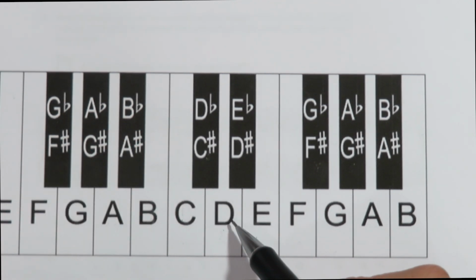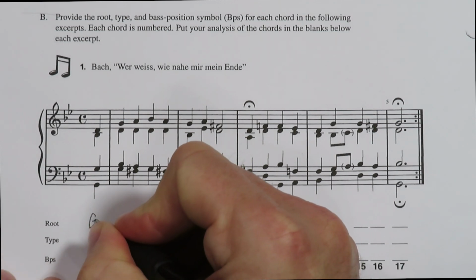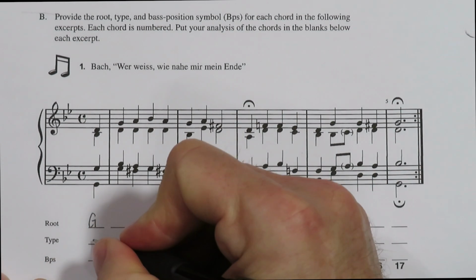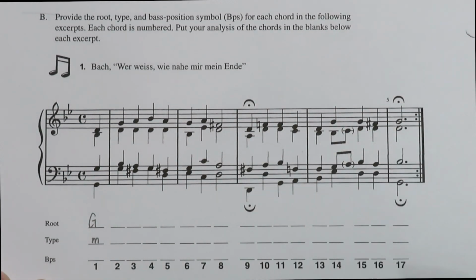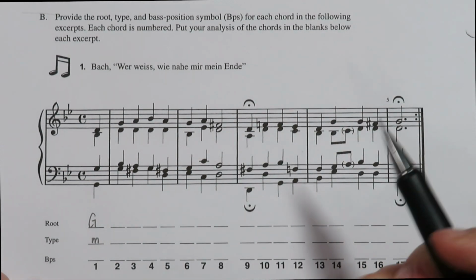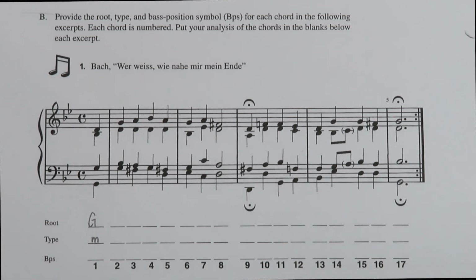So we have a G minor. The root is G, quality is minor, and we don't need a bass position symbol, but if you wanted to put one, it would just be 5-3, right?